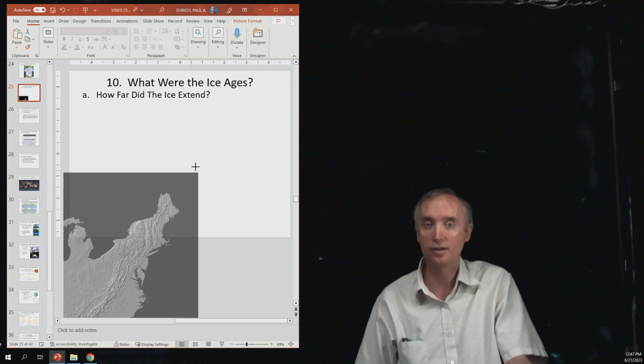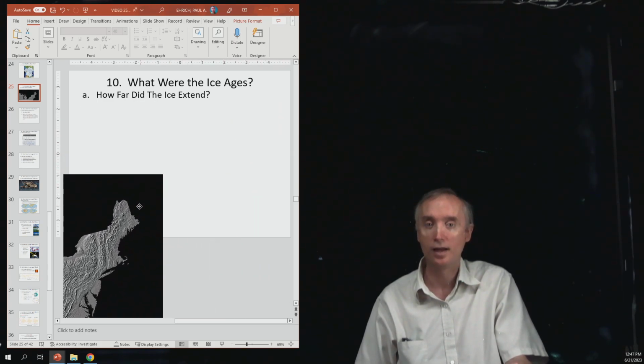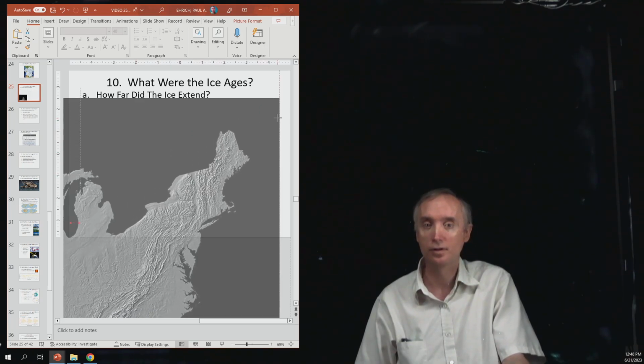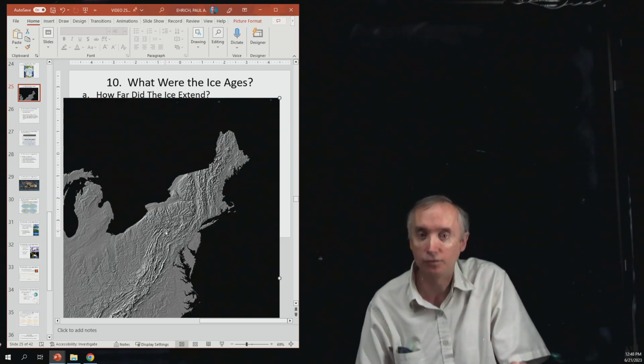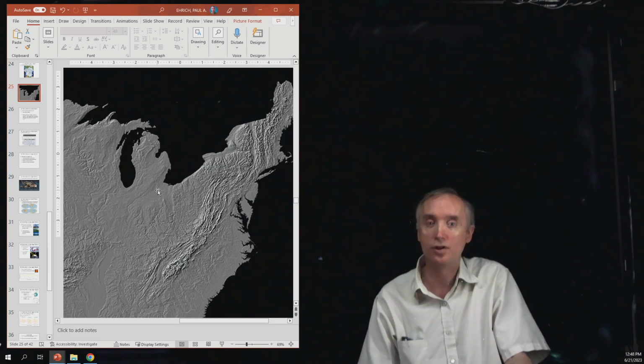But the interesting thing is that the topography of North America has been shaped by glaciers. Okay, so if we were to take a look at this picture here, do you see this kind of valley type thing that exists right here? Notice that that's kind of an extension of one of these Great Lakes.